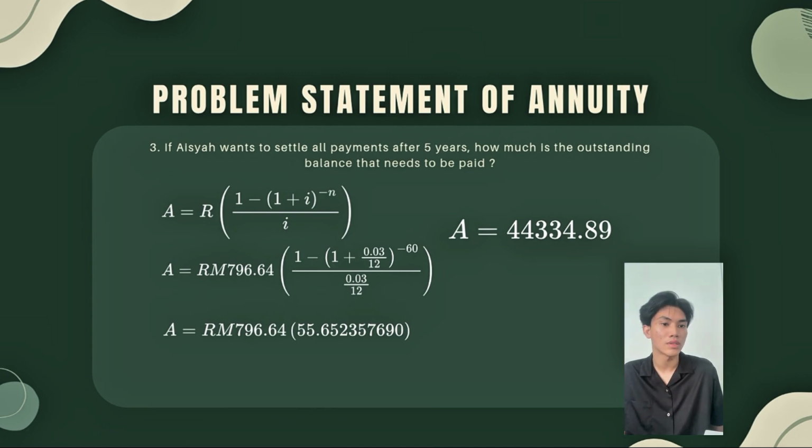So we got A equals to RM 796.64, open bracket, 55.652357690, close bracket. So the answer is A equals to 44334.89.